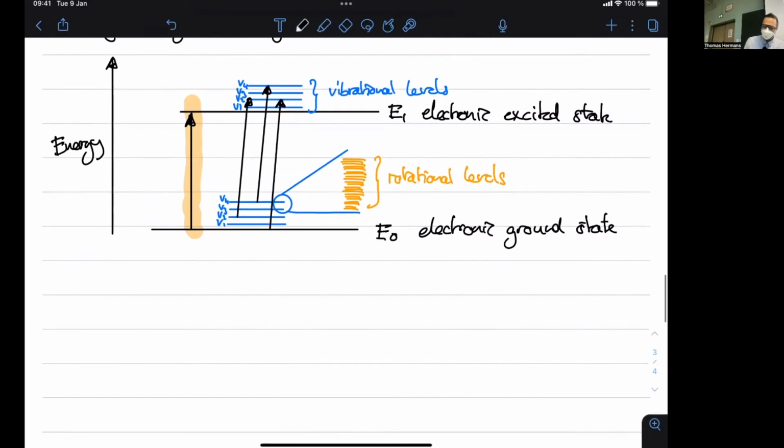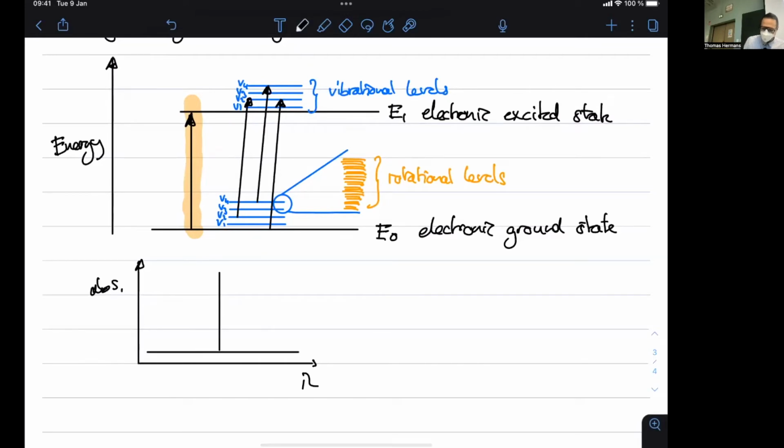So if we look at the absorption spectrum, absorption versus wavelength, then in theory you would just have one line, right?